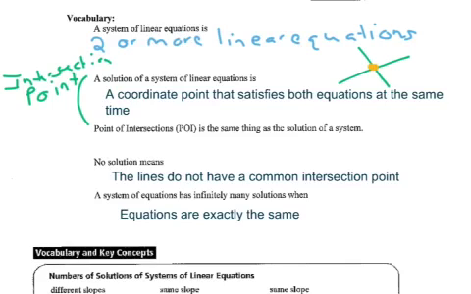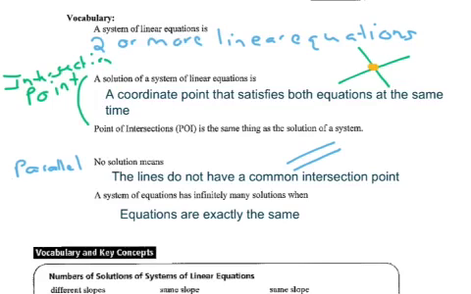If you have no solution, which we have down here, the lines do not have a common intersection point. Therefore, these lines will always be parallel. So if I was graphing two systems of linear equations, if I graph them, I would have parallel lines.